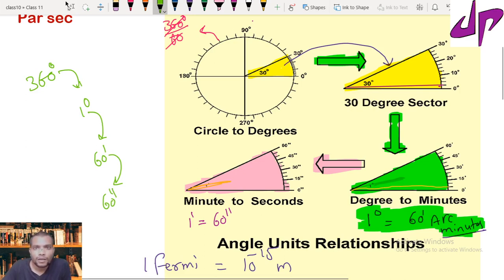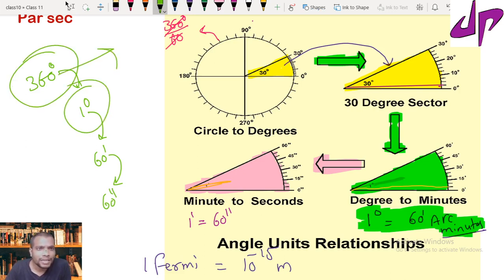Now here all are angles only. 360 is also an angle, 1 degree is also an angle, and 60 minutes is also an angle. It's one part in the 1 degree, and 60 seconds is also an angle. So that's why these are the lowest order of the angles: degrees to minutes, and minutes to seconds.